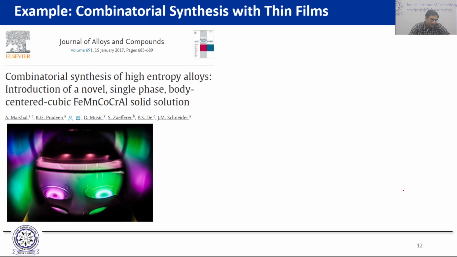So here, what the researchers were trying to do is they were looking at a composition space of high entropy alloys, and they were trying to see if they can find a single phase body centered cubic solid solution.